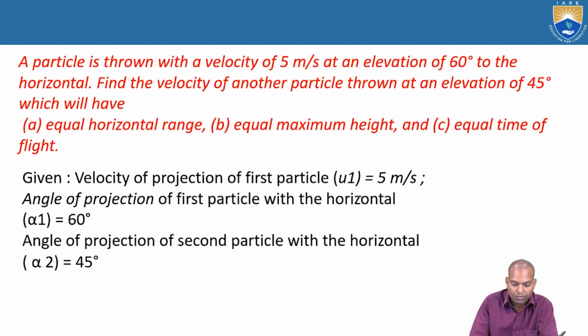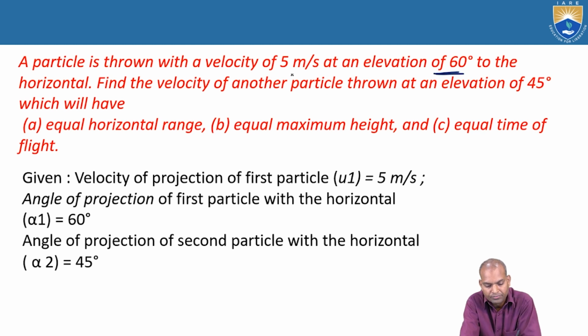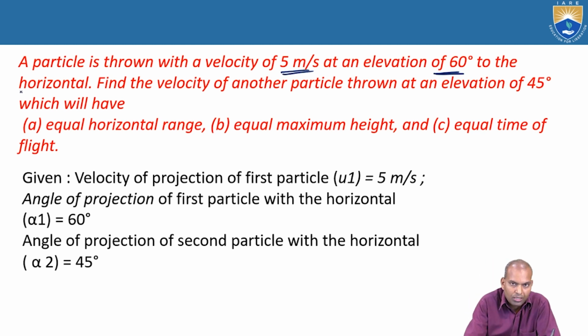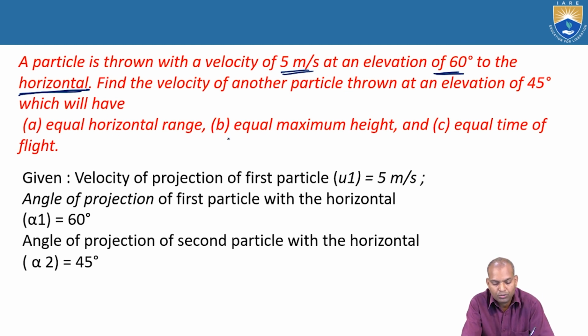Okay, now the next problem is that a particle is thrown with a velocity of 5 meters per second at an elevation of 60 degrees to the horizontal. Find the velocity of another particle thrown at an elevation of 45 degrees, which will have equal horizontal range, equal maximum height, and equal time of flight.